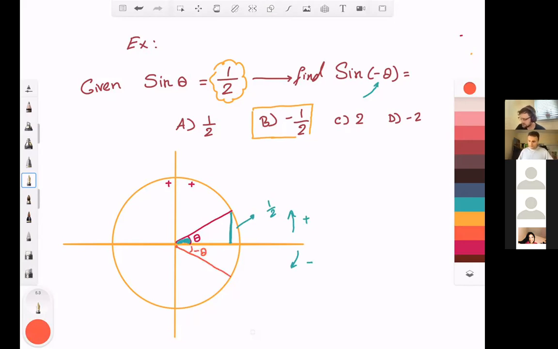I agree. What is the sine of that? Is this length. So this is exactly the same as that, but this is positive. This one is negative 1/2. All right. Any question here?